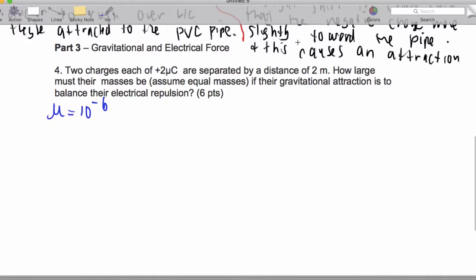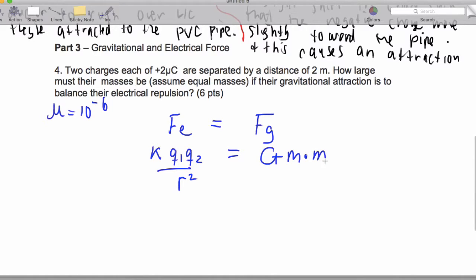Let's go ahead and actually set up this problem. So we have electrical force balancing gravitational force. Again, balance means equal. So we have k Q1 Q2 over r squared, and Fg, they have equal masses, so G times mass times the same mass over r squared. Now here's something amusing: I can cancel the r squareds on each side.